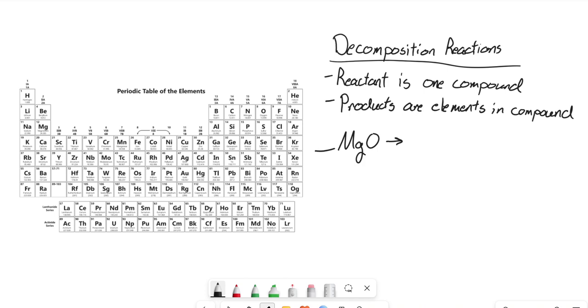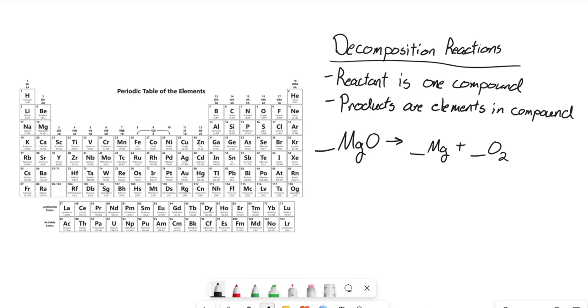Magnesium oxide breaks down into magnesium and, represented with a plus sign here, oxygen. Now, oxygen is one of our diatomic elements, so it will get that 2 subscript, where the magnesium is not diatomic, so we'll just leave it alone as it is here.